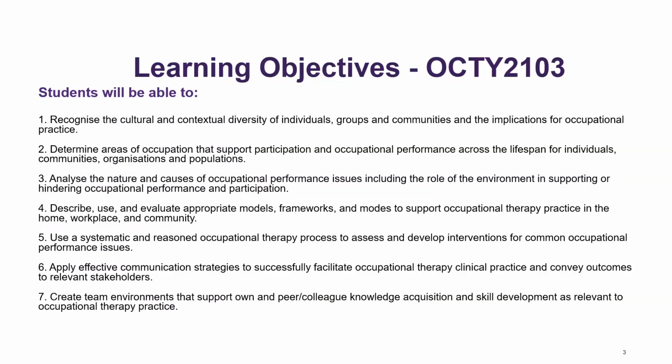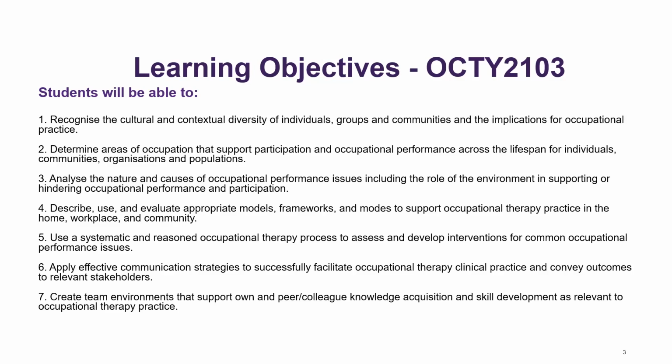So for you, the learning objectives are what you aim to achieve by the end of the semester. At this stage, just prior to finalising your last assignment and finalising this course, we're hoping that you can see that you've developed your skills in being able to recognise the cultural and contextual diversity of individuals, groups and communities, and think about the implications of those for OT practice.